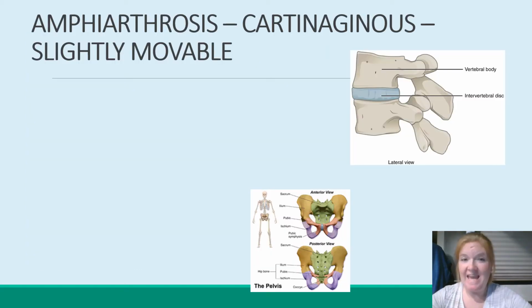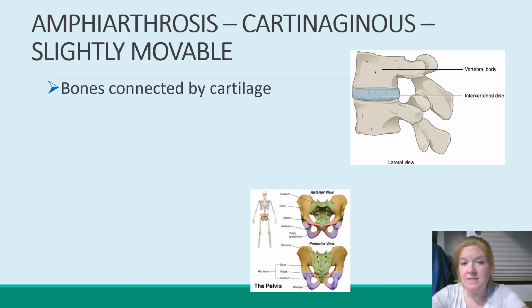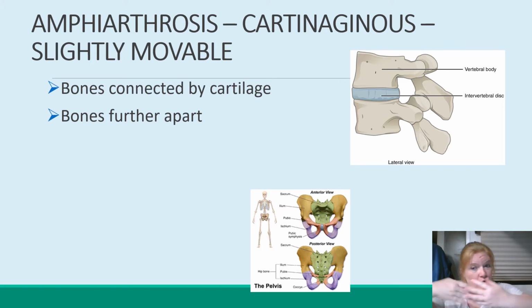Next, amphiarthrosis, cartilaginous, slightly movable. Again, all interchangeable terms. These bones are connected by cartilage. Bones are further apart. They're not all right up against each other and interlocking like the fibrous.